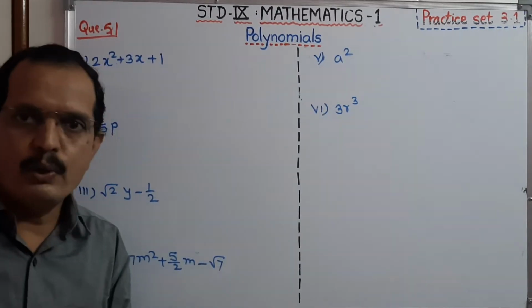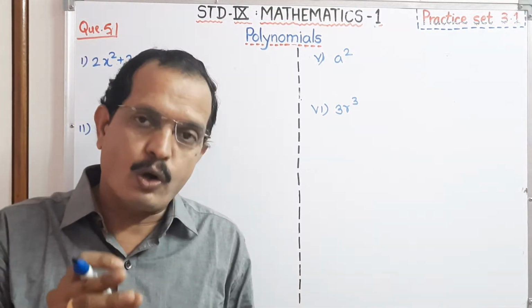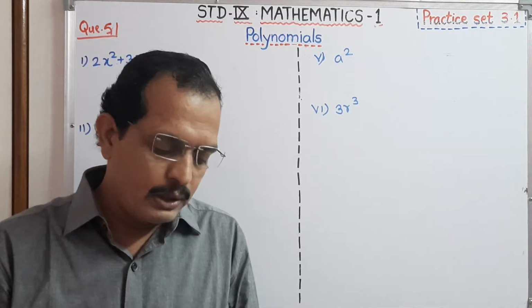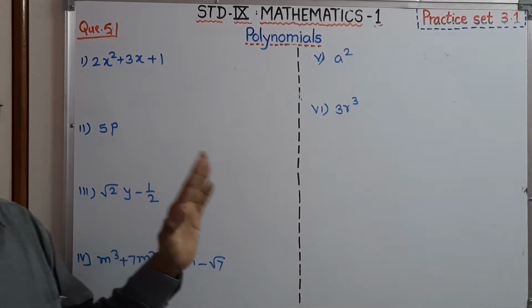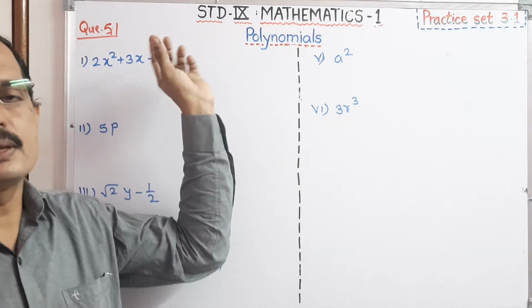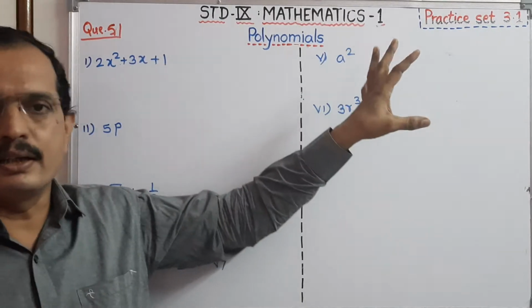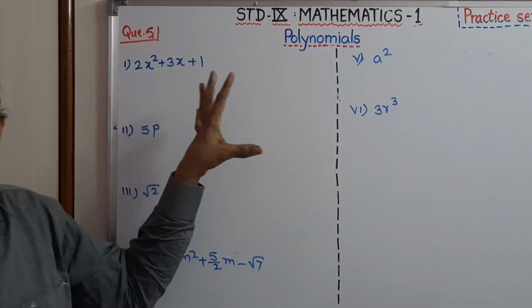Now see, we have to classify these polynomials as linear, quadratic or cubic. I have already explained in a previous lecture that types are based upon two concepts. First concept is the number of terms and second is the degree. Now we have to consider whether it is linear, quadratic or cubic.